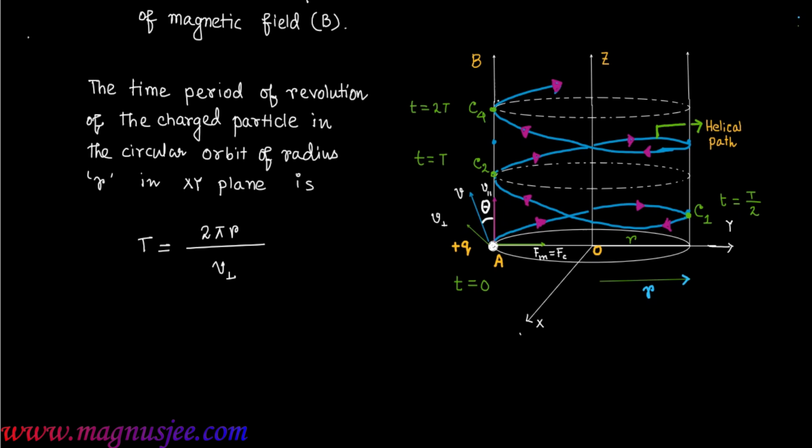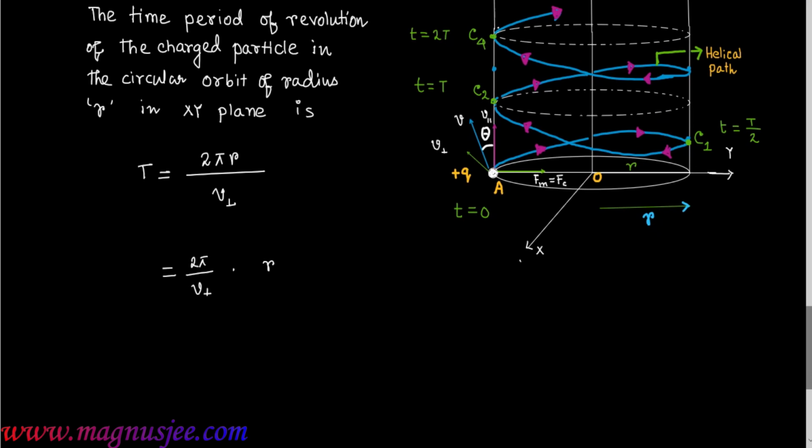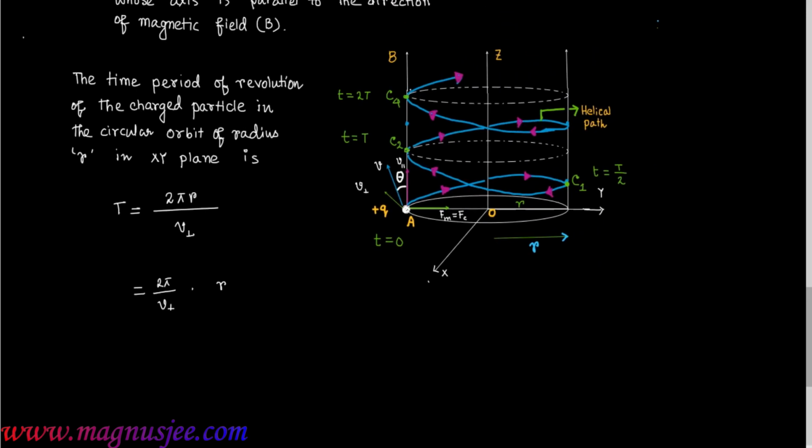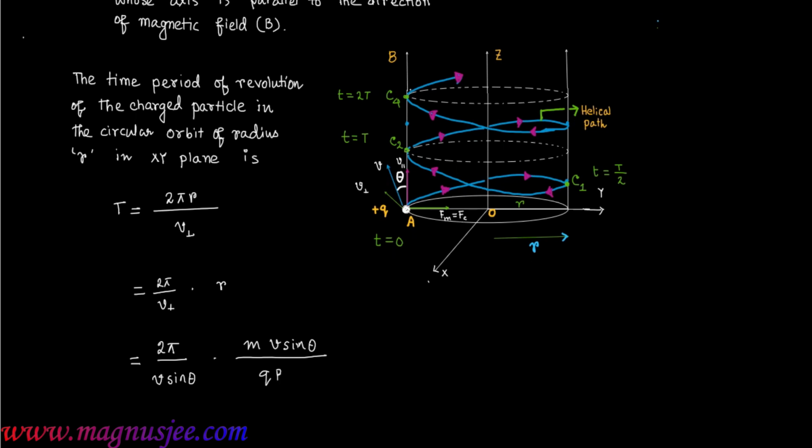Putting the expression of r, we get T equals 2 pi by V sin theta times mV sin theta divided by qB.